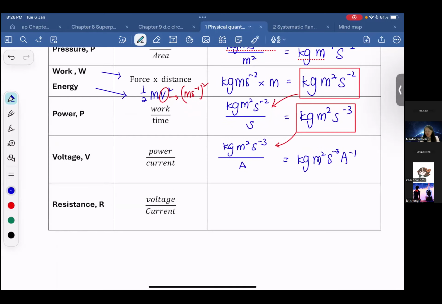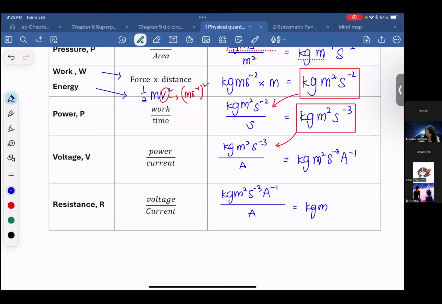You can private message me, okay? My dear, here. Resistance, voltage. Voltage is kg m^2 s^-3 A^-1 divided by current, ampere. So kg m^2 s^-3 A^-2. Okay, step by step.